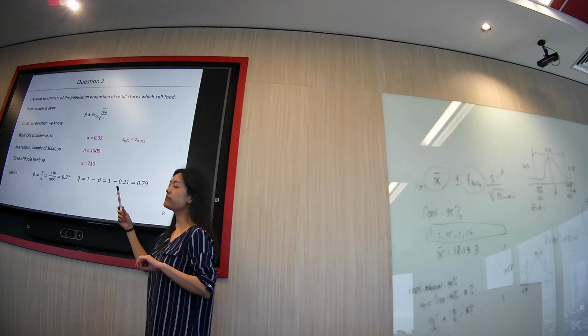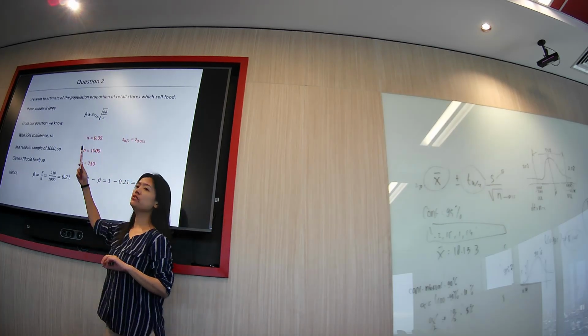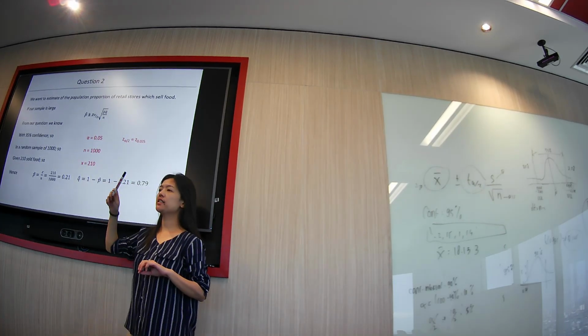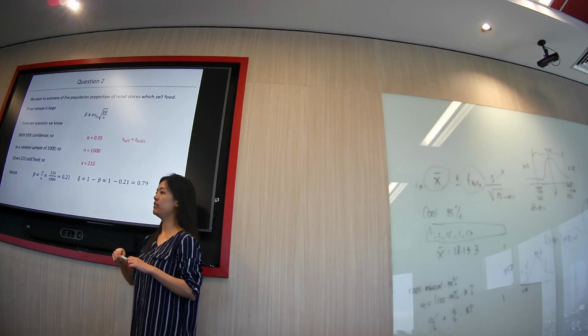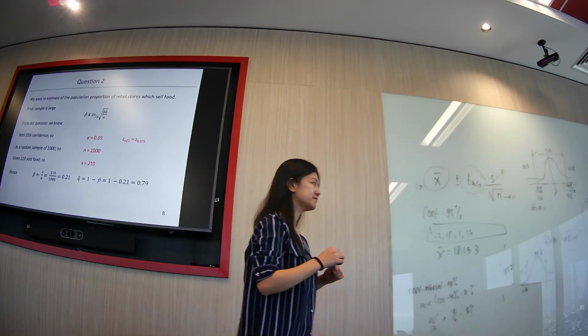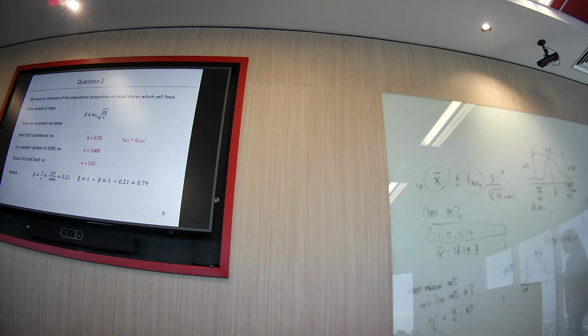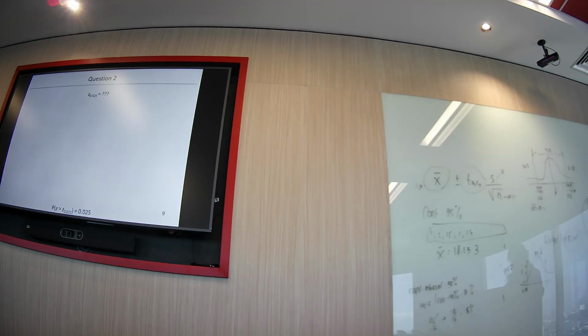And alpha over 2, you know from the question, is for a 95% confidence interval. Do you bring your z table? Still bring? Good. If not, you can see it here.